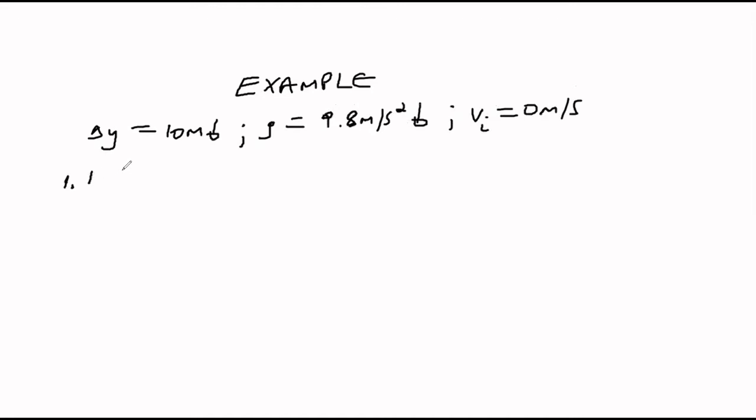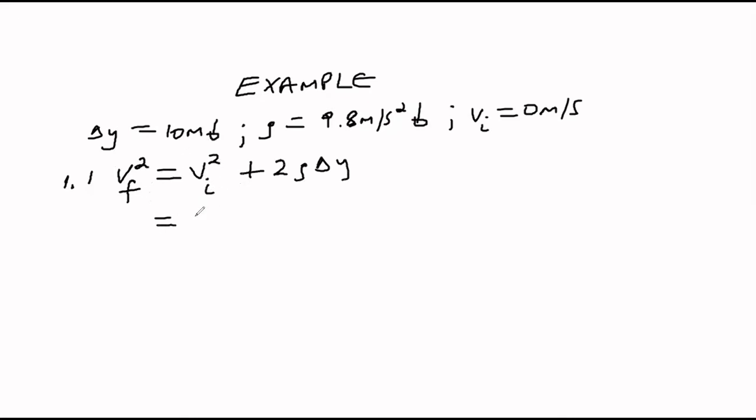So let's check which formula to use. The quantity that is not given here is time, so let's avoid the formula with time. Let's use this one, V final squared equal to V initial squared plus 2G delta Y. Let's substitute. The final velocity is what we are looking for.